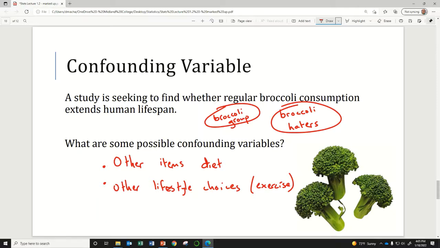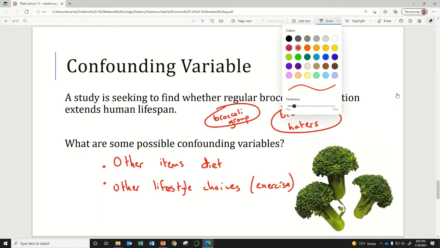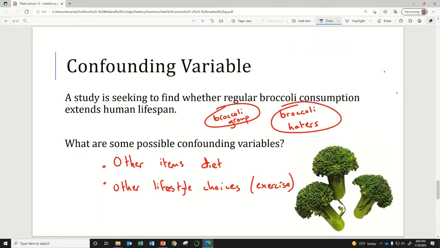Whereas if you're not someone who eats vegetables on a regular basis, maybe you also don't care too much about your health, and so you're not really into exercise either. And so these things would also extend lifespan just based on the conventional wisdom. And they would also tend to be characteristics of the broccoli group more so than the broccoli haters.